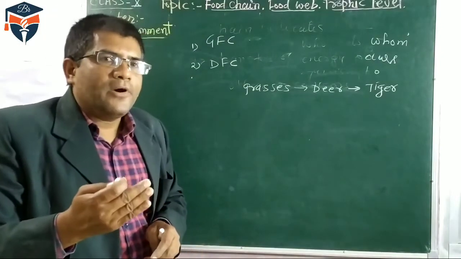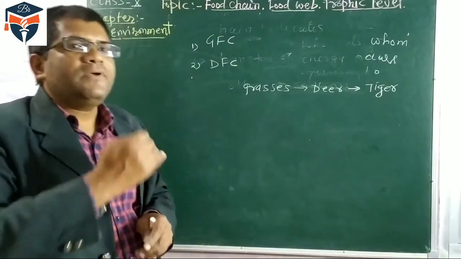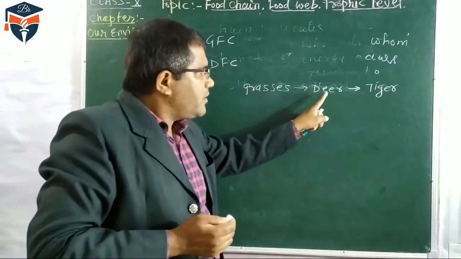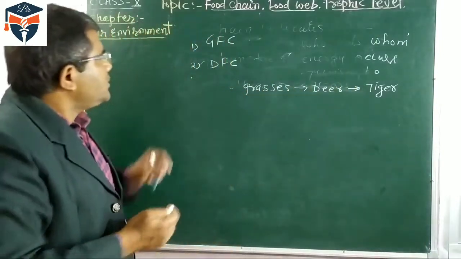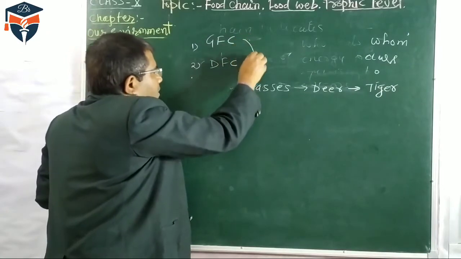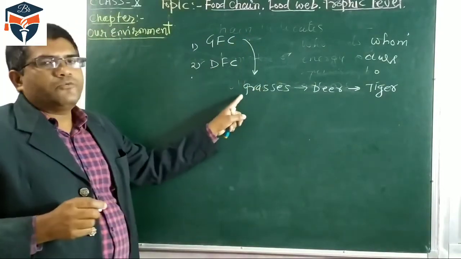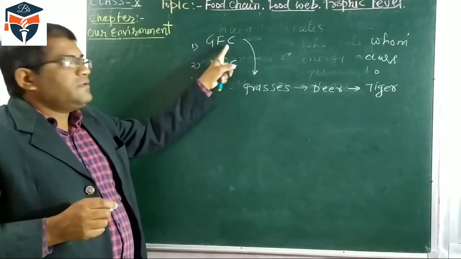The transfer of energy occurs from grasses to deer and deer to tiger. If a primary producer is in the first trophic level, this type of food chain is called the grazing food chain.